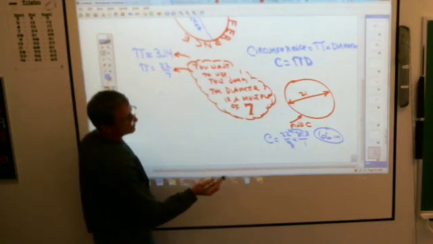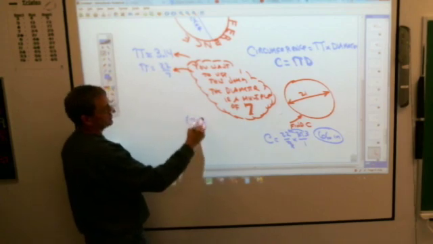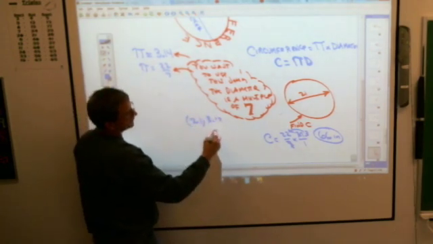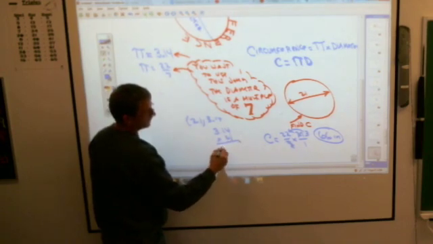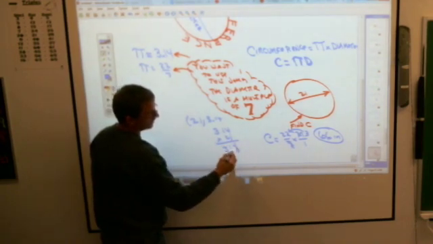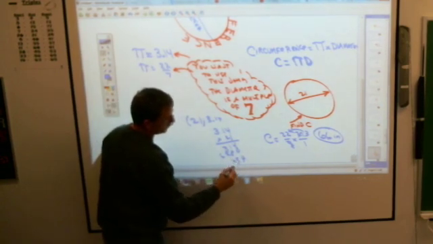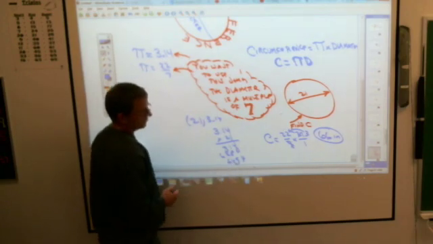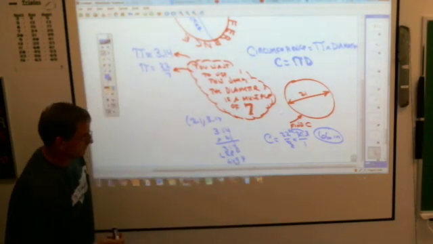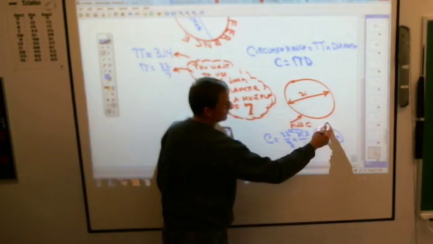Otherwise, you have to use 21 times pi, which is, we use the decimal 3.14, so then you have to do all this messy multiplication, and you end up with 64.94. This one's probably a little bit more accurate, but this is probably close enough.